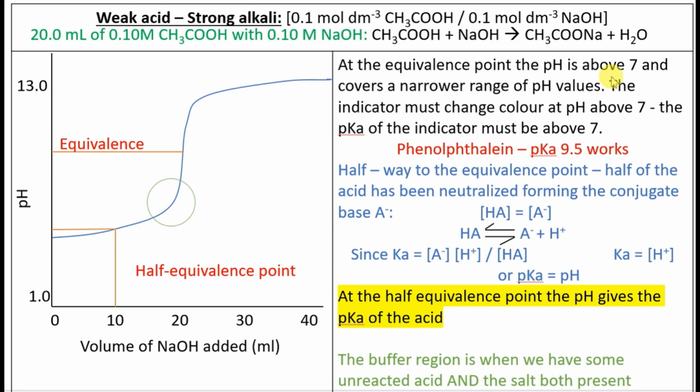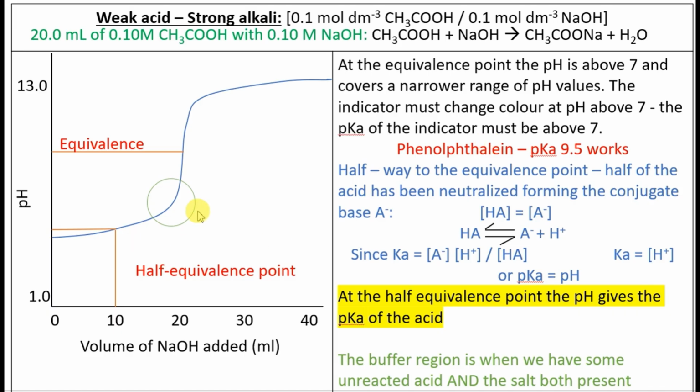At the equivalence point, the pH is above 7, which we'd expect. Ethanoic acid beginning with a pH of very roughly 4, NaOH, again, very roughly 14. I'd expect my equivalence point to be around pH 9. Now, a narrower range of pH values is covered.